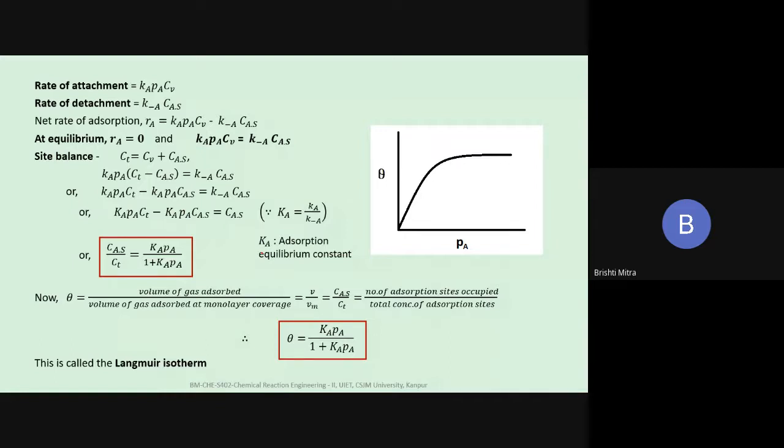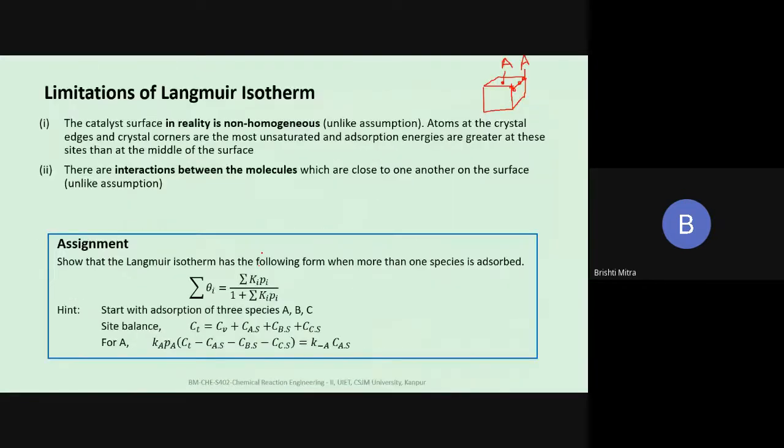Now suppose we have more than one species getting adsorbed. Then the summation of the surface coverages is equal to the summation of KiPi, where i is each of the species, divided by 1 plus the summation of KiPi. This is something that you have to show: when more than one species is adsorbed, this is the expression of the Langmuir isotherm that we come up with.